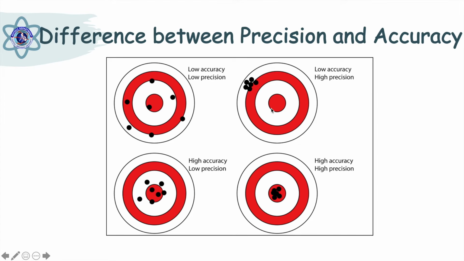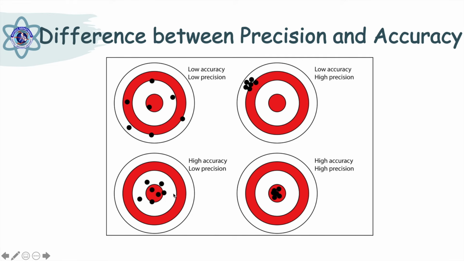Next, case 2. All the points are centered in one location, and it's too far from the bullseye. So it has low accuracy, but it can repeat itself at one point, so we could say that it has high precision. Next, for case 3, it could hit the center at least 4 times, but it could not repeat itself.